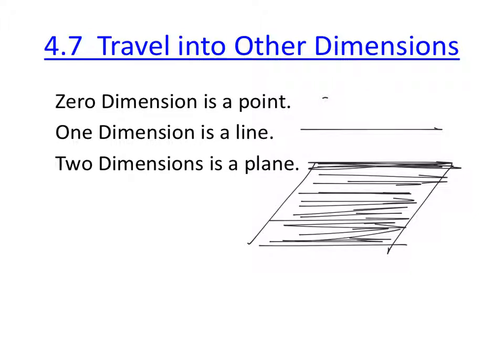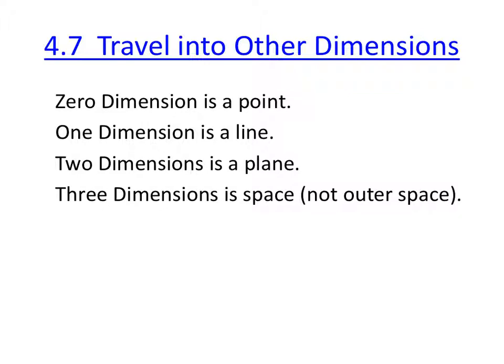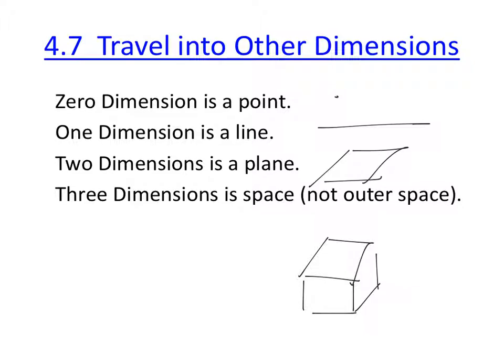Now if I take 2 dimensions, if I take that plane and drag it out of the screen at you, I get 3 dimensions. We call that space. All right, this is kind of a cube right here to signify that. So not outer space, but space is 3D. So we live in 3 dimensions.